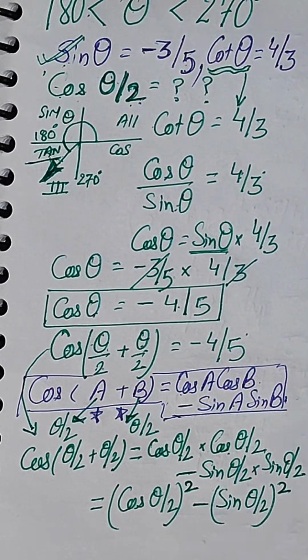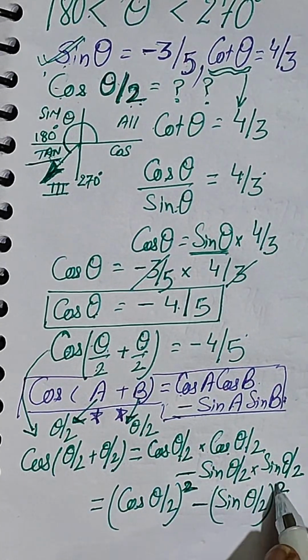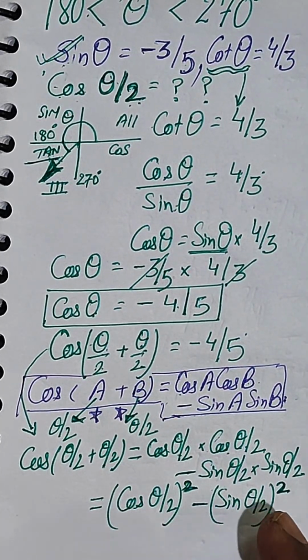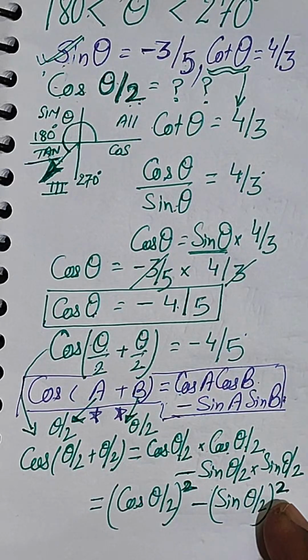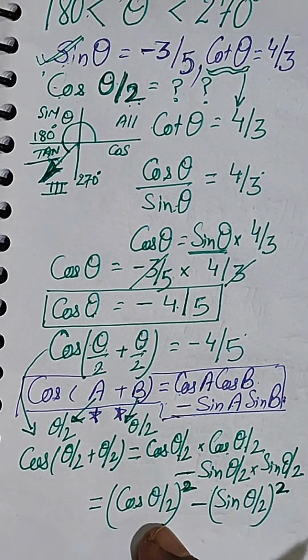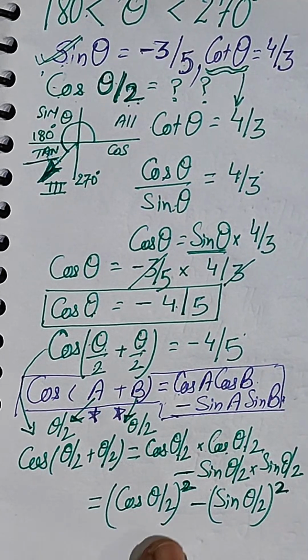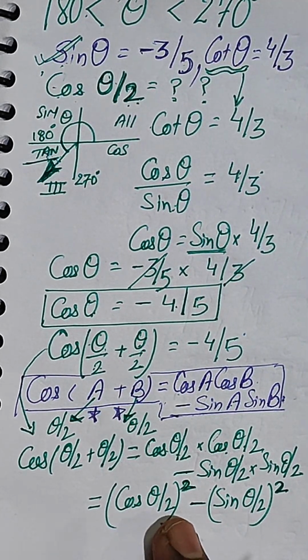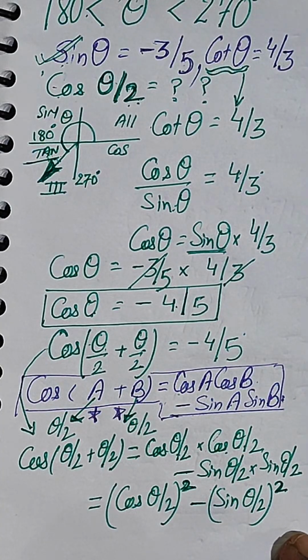Just mind these whole squares. So a square minus b square, right?